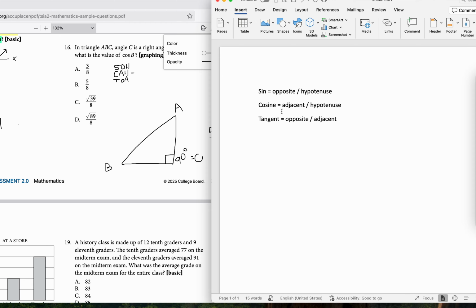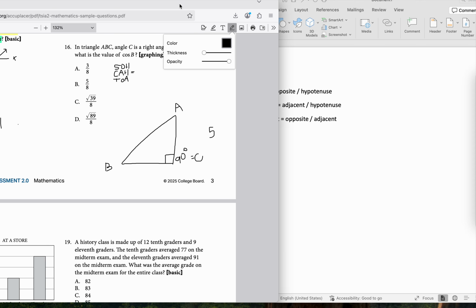And then we have the hypotenuse, which is always going to be that long side of the triangle, and it's going to be 8. So we know this length is 5, this length is 8. And so now we want to find the cosine of this angle right here, B.